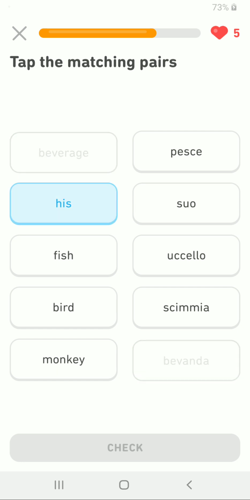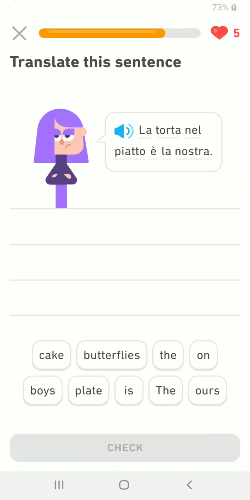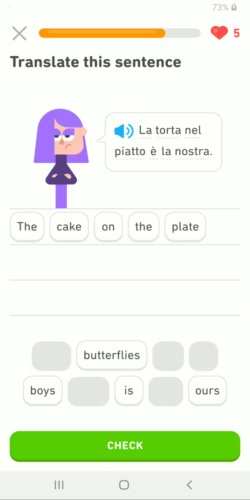Beverage, bevanda, his, suo, pesce, uccello, e scimmia. Scimmia, it's a monkey. La torta nel piatto è la nostra. Torta, it's a cake. The cake on the plate is ours, è la nostra.